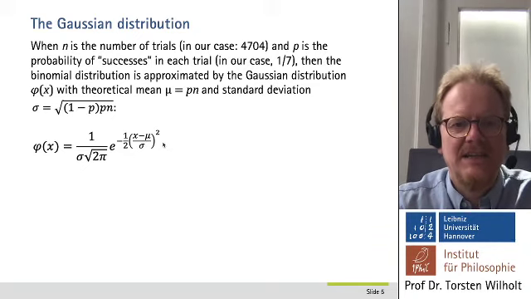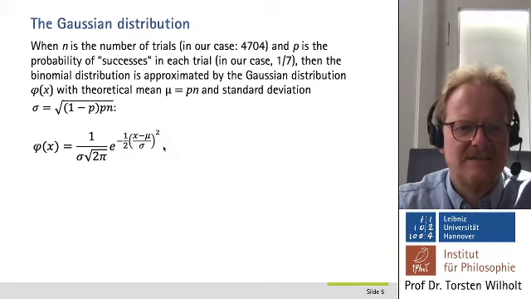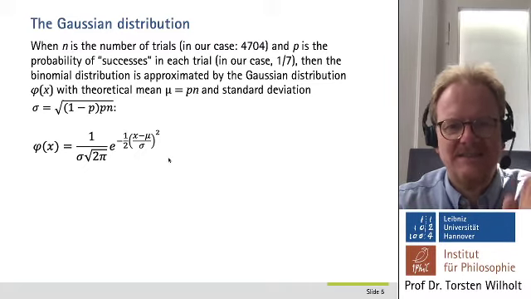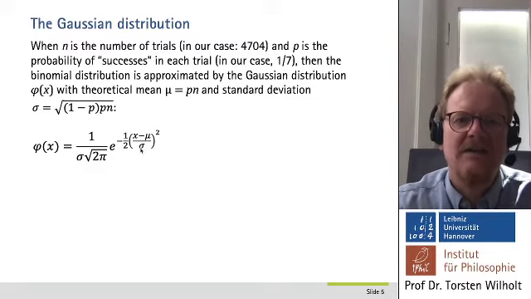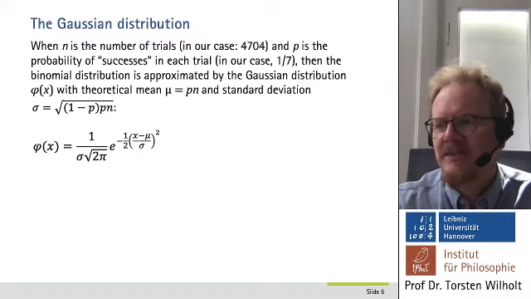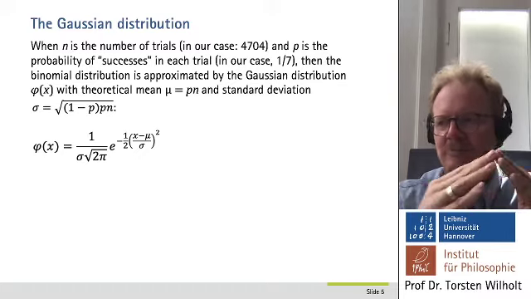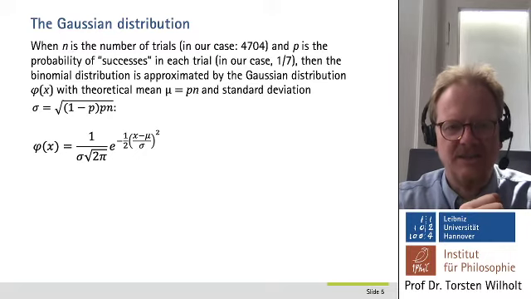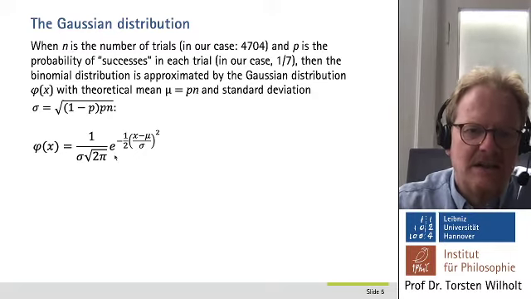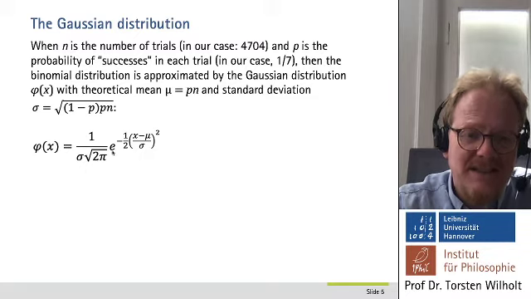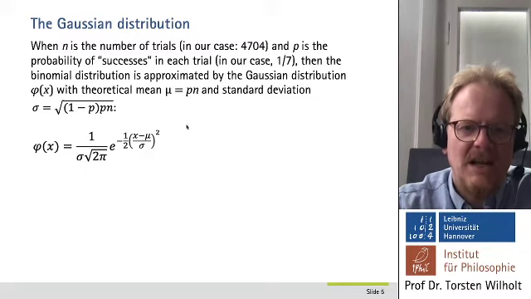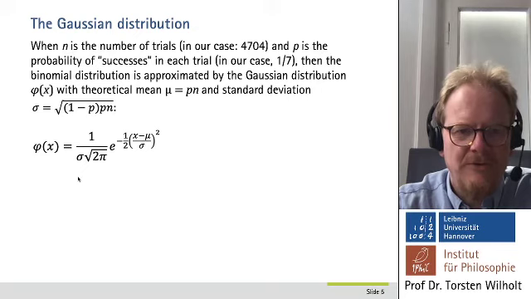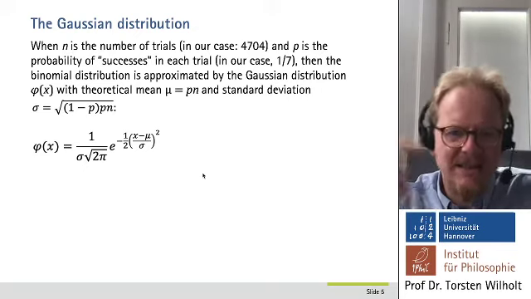And it is characterized by just two parameters, really: mu, which is the center, where the thing is centered, and sigma, the standard deviation, which is the parameter that decides how far spread out the distribution is. And the other things here are mathematical constants, e and pi. And now you can forget again about this whole formula. You just need to know what it looks like.